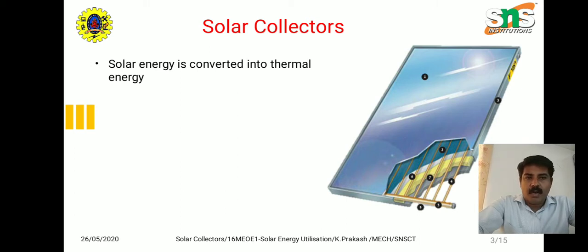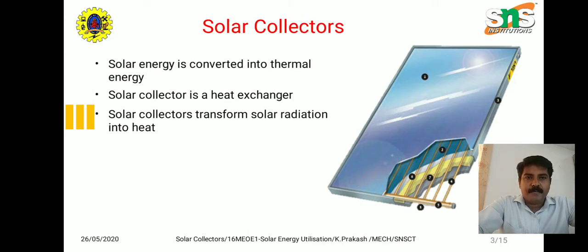Mainly solar energy is converted into thermal energy, and also solar collectors act as heat exchangers. Do you have an idea about heat exchangers? For a small example, if you take a small cube of ice and keep it in our hand, the heat from the hand flows into the ice so that it begins to melt. This is how heat transfer takes place. Here the solar collectors transform solar radiation into heat.